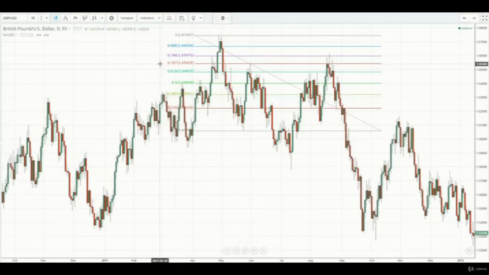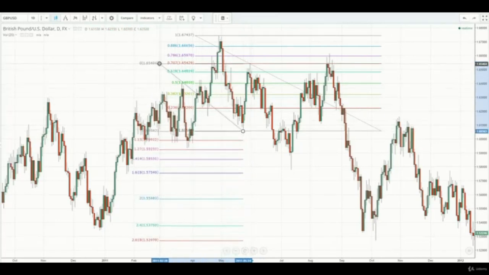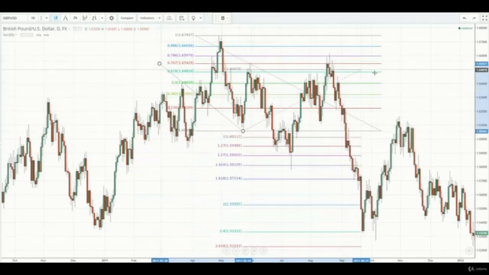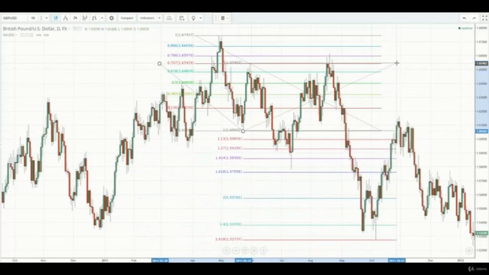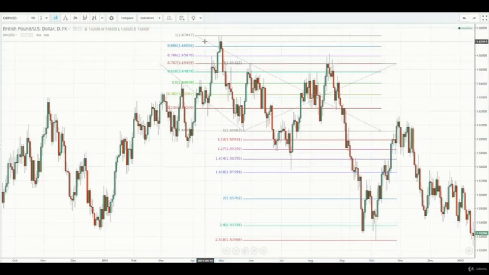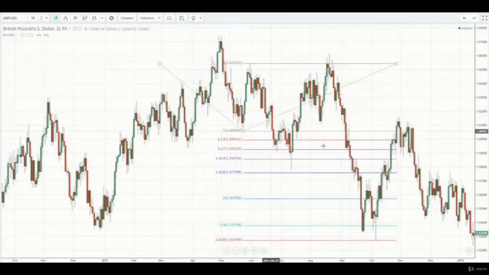I'm just going to make this a little bit wider so you can see it easily. We'll take from the top of the BC leg, which this is even with, and we will go down to the bottom to B point, go ahead and go right back up to the C point, and look for where the extension comes into play.